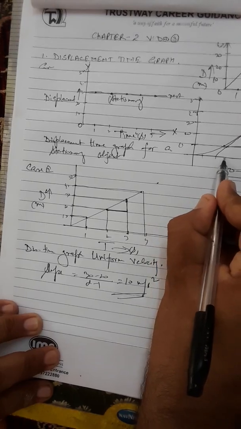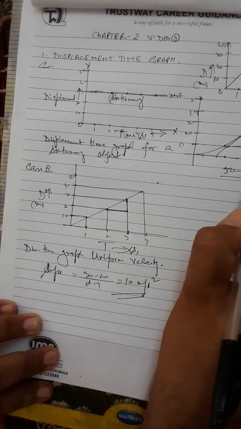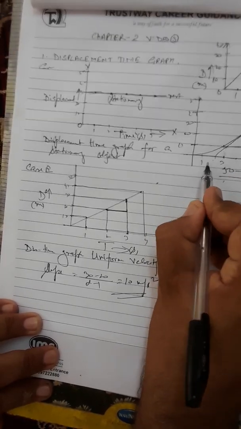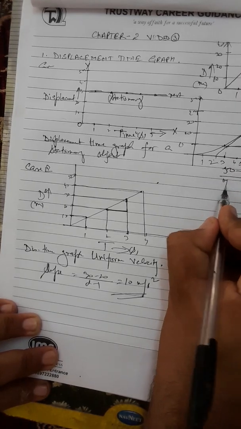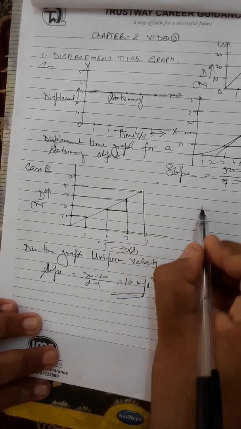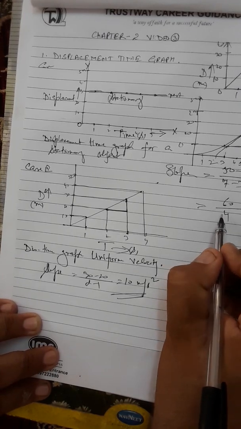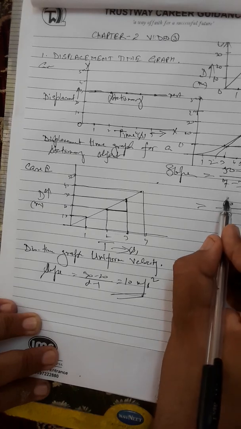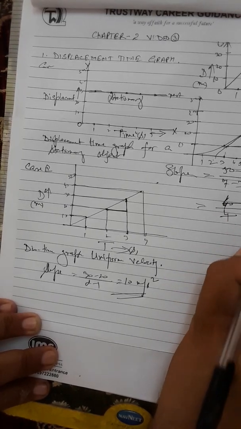Time will be 7 minus 3. Slope will be 40 upon 4, that is 10 meter per second.